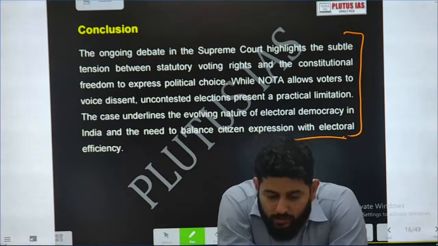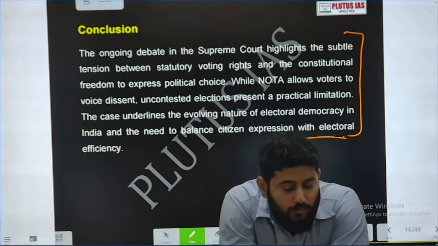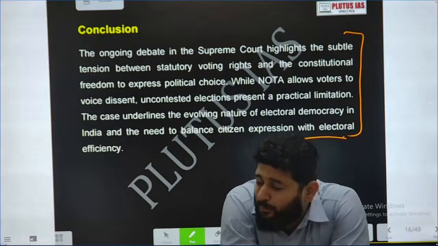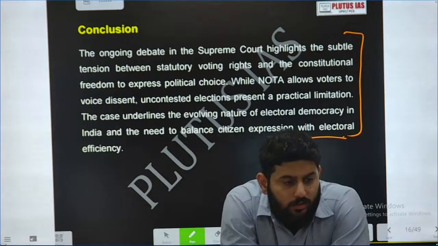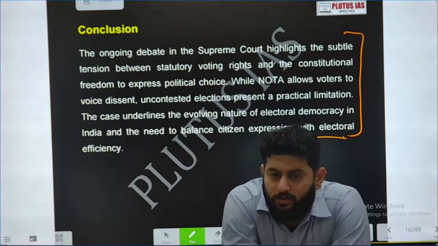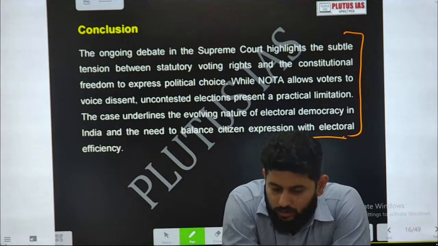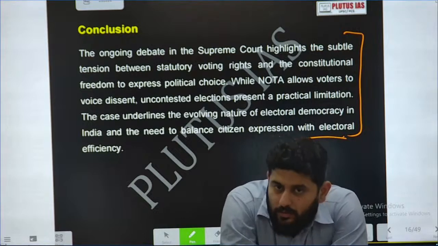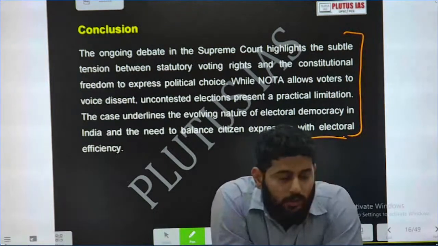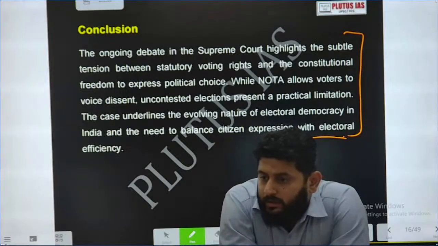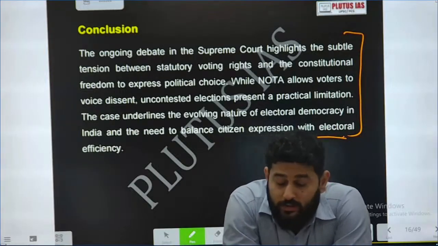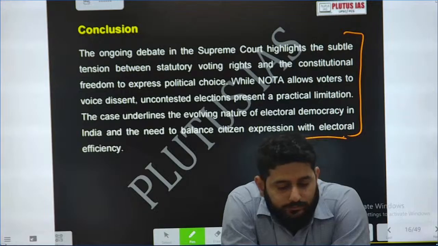Another: electoral reforms are the lifeblood of a maturing democracy. Okay. How do we connect this with ethics? How do we connect linkages of GS2, GS4 in this? What are the themes?